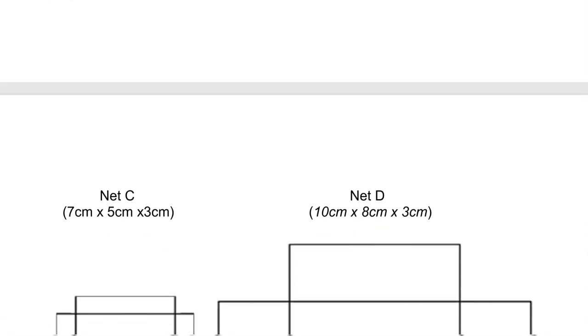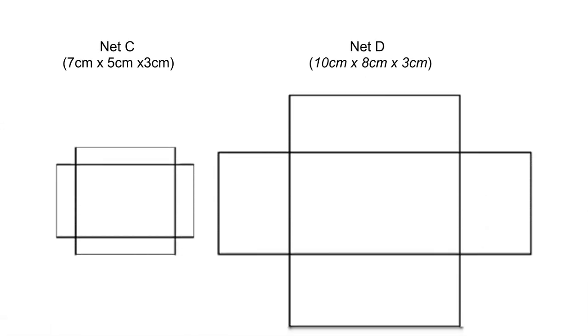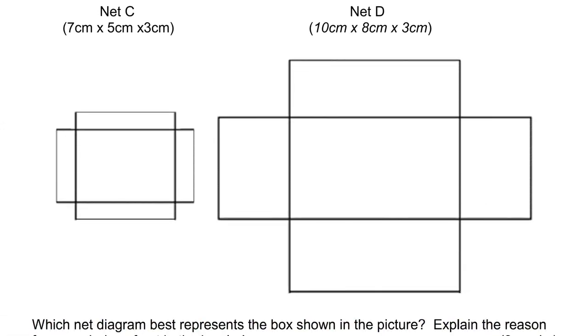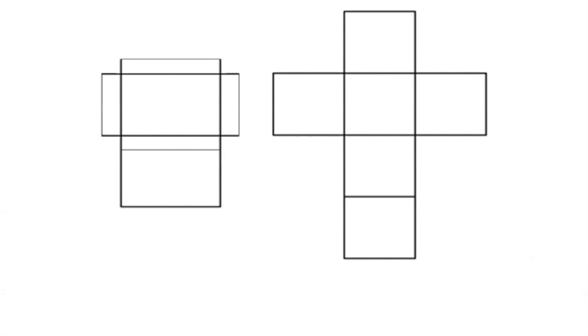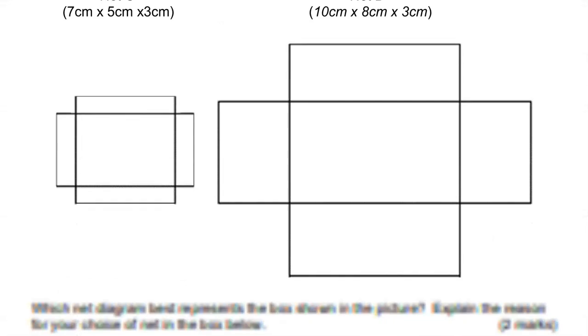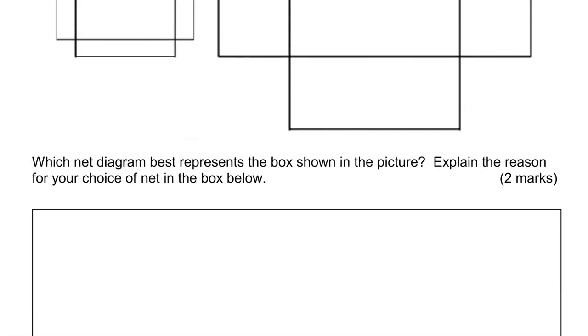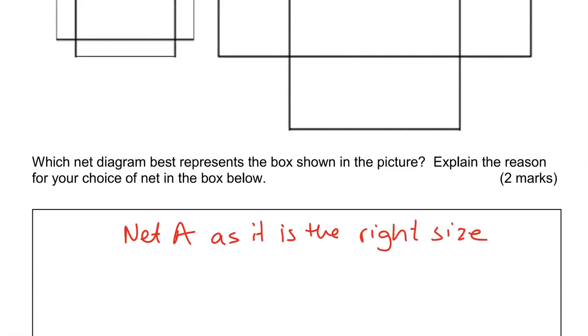Let's compare it to C and D. So C doesn't have a lid and D is too large. So we're going to go for A. So I'm going to say net A, as it is the right size and has a lid.